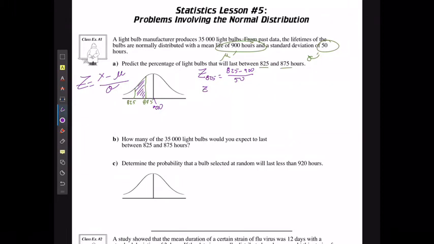My z-score for 825 is going to equal negative 1.5, or negative 1.50 if I want to go to the hundredth, because that's what my table says.